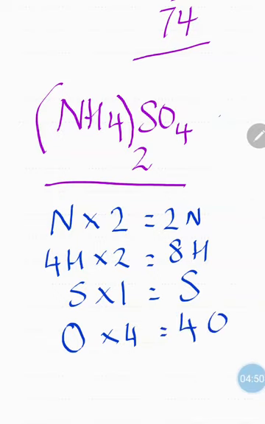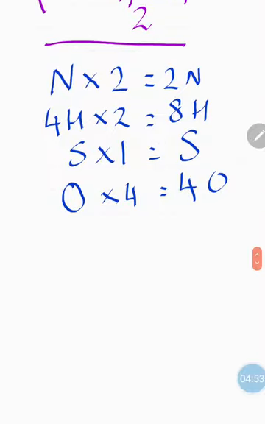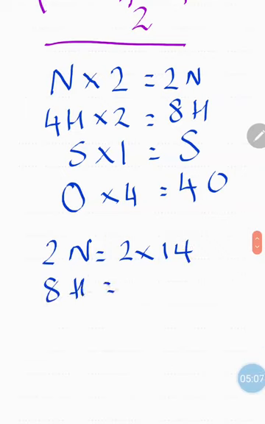Let's add up things. 2 nitrogens. Now the periodic table will tell you the atomic mass for nitrogen is 14. So nitrogen equals 2 times 14, that's 28. 8 hydrogens, well, hydrogen is 1. So we're going to do 8 times 1. That's 8.